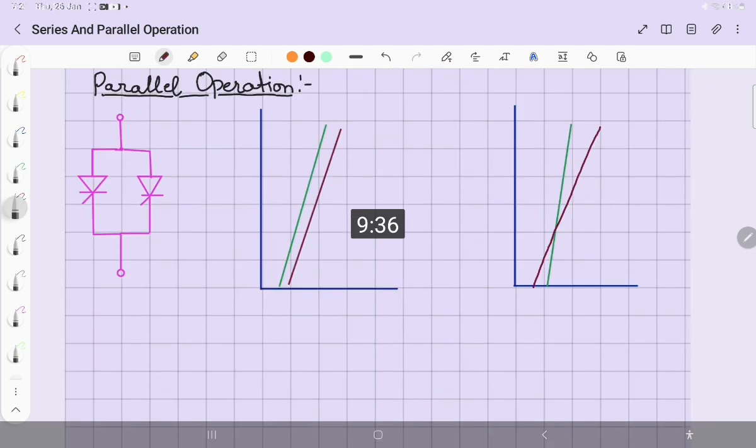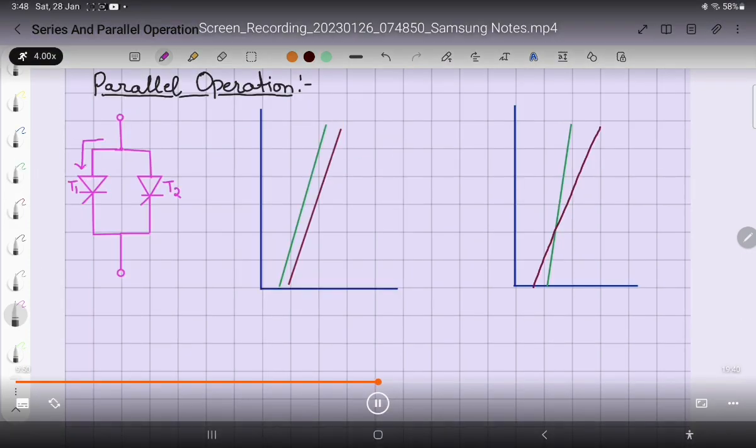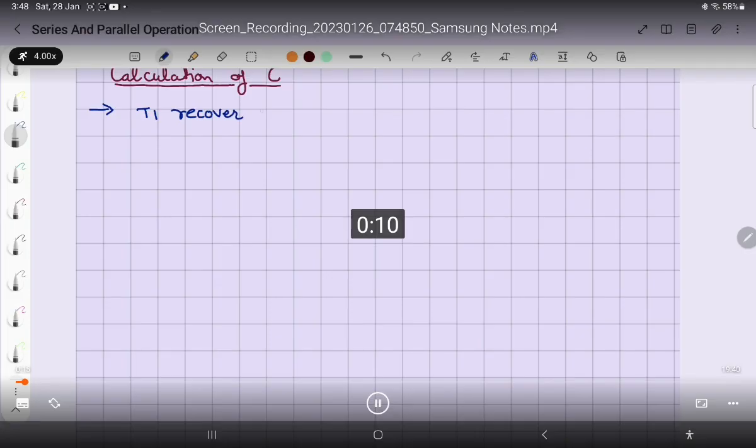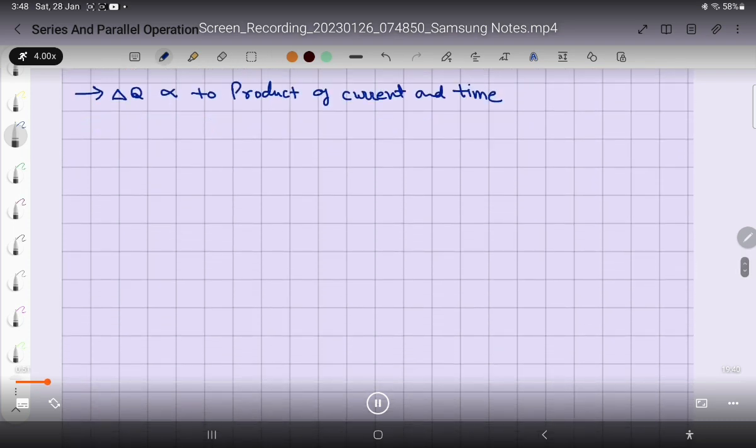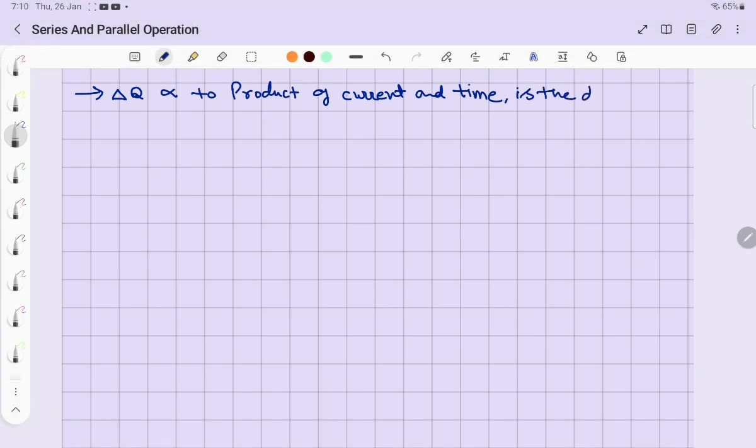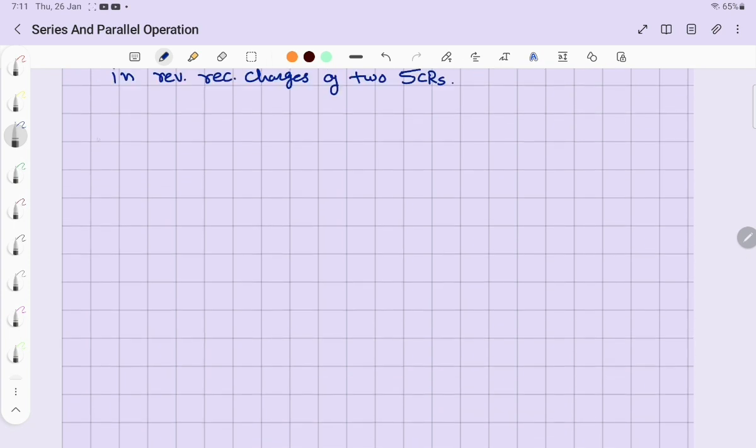Let me remind you that delta Q was proportional to the product of current and time, and it is the difference in reverse recovery charges of two SCRs.